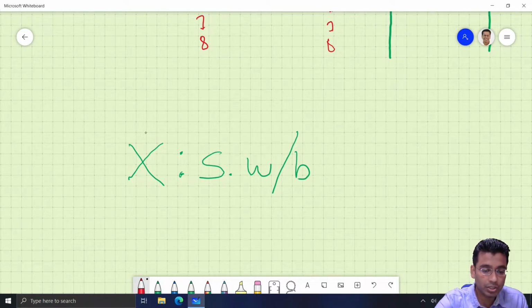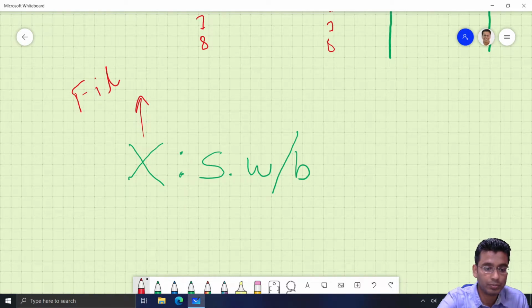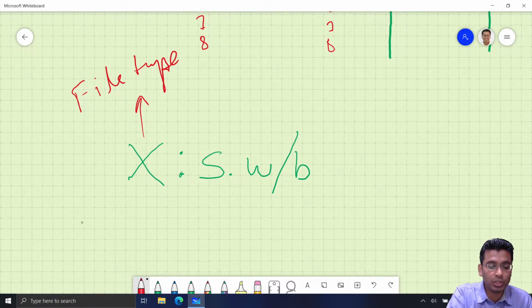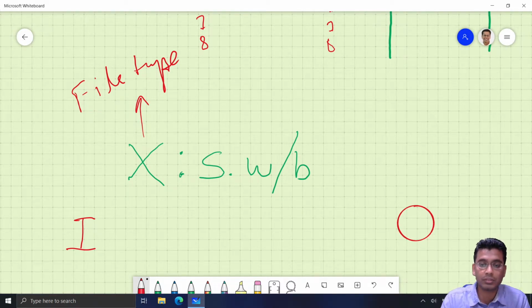First one is your file type. File type means that if it is an input, then you denote it with a capital I, and if it is an output, then you denote it with an O. Then this is your colon. It is known as your slot delimiter. That means after this colon, you will write the slot.